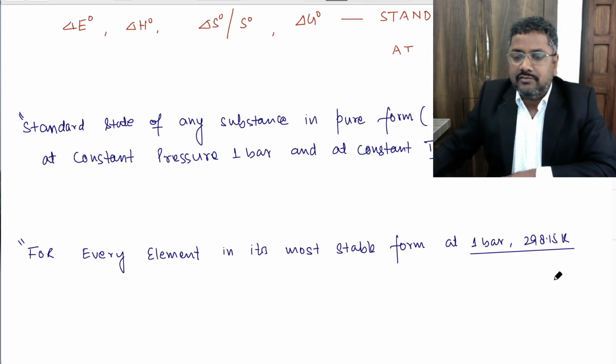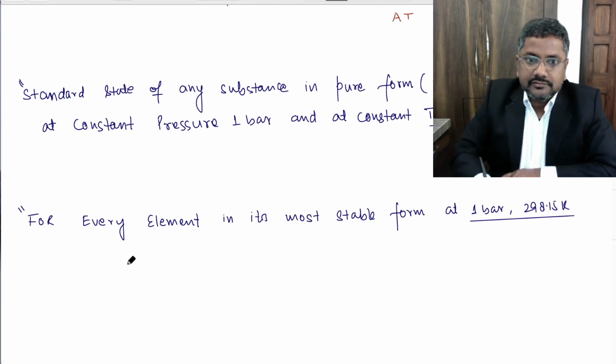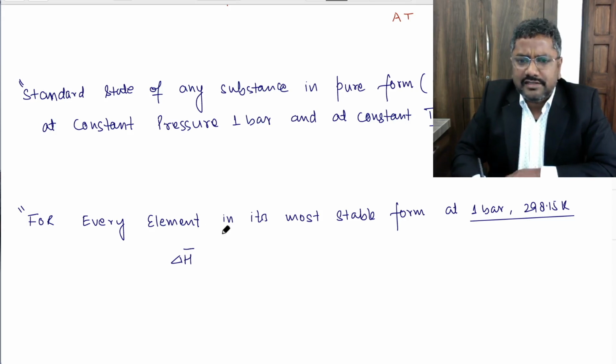So at 1 bar and 298.15 Kelvin, delta H naught per mole is equal to 0.